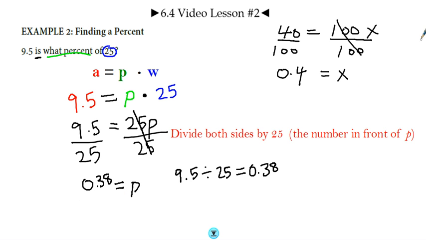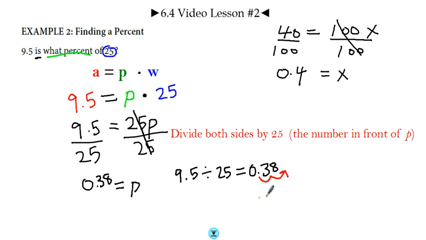Now, we are not done here. P is equal to 0.38, and P stands for a percent, but this is not 0.38%. You have to change this decimal to percent, and we do that by moving the decimal point twice to the right or multiplying by 100.